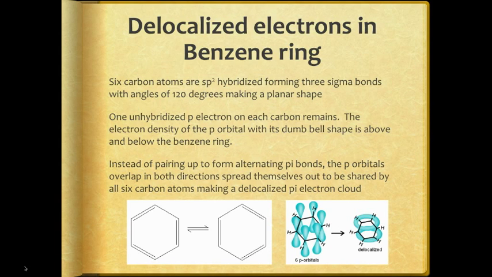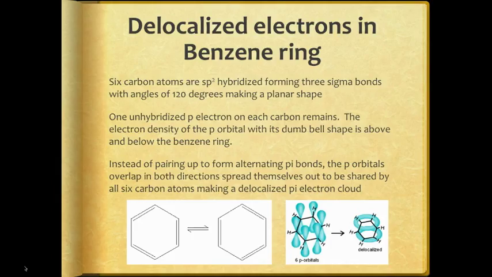Let's take a look a little bit closer at the idea of this benzene ring and this alternating single and double bonds. In a benzene ring, 6 carbon atoms are sp2 hybridized, forming 3 sigma bonds. The angles are 120 degrees.